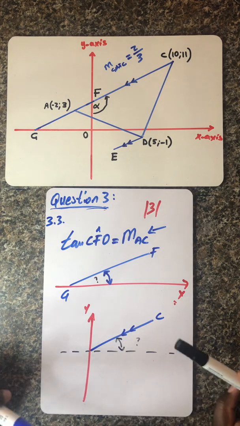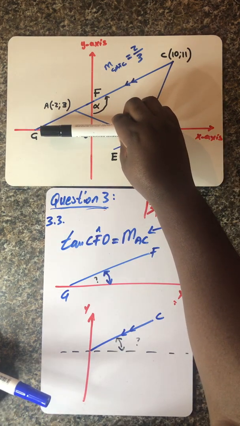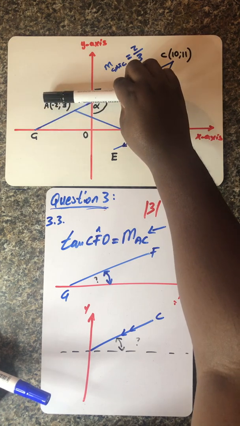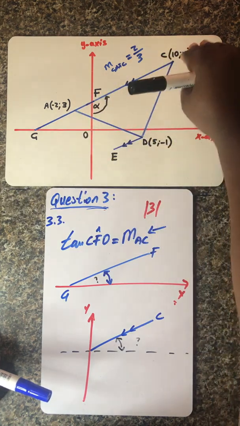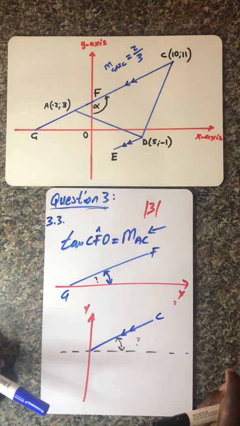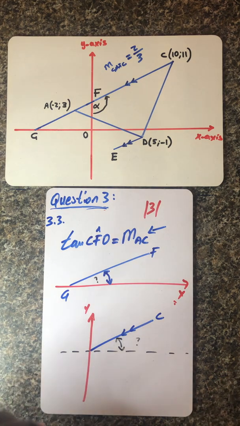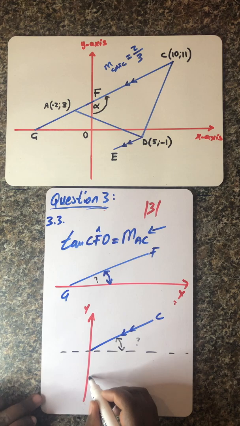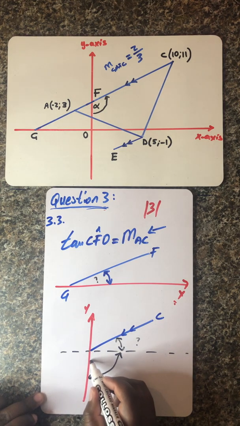It should be the same. Why? Because you've got a horizontal line at two points, that point and that point along the same line. That's what makes it the same angle. Okay, so ladies and gentlemen, remember the angle that they want us to calculate is all of this angle, which is 90.